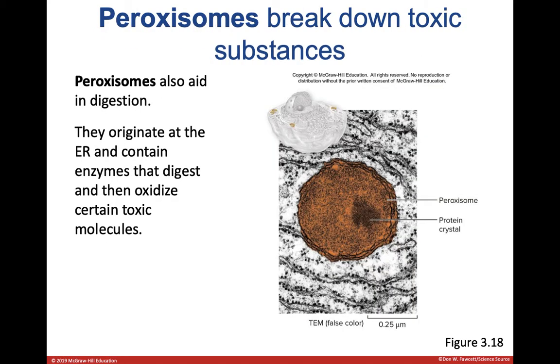So lots of cells, animal cells in common, for the most part, have things called peroxisomes. Now, peroxisomes, as their name implies, contain hydrogen peroxide or some sort of peroxide enzymes that are used to break down organic materials, fats and things like that, sugars and stuff, proteins.